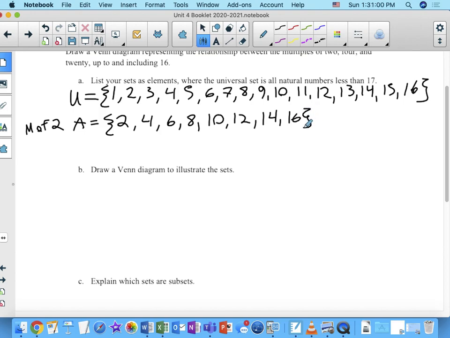Okay, multiples of 4, we'll call that set B. That would be 4, 8, 12, and 16. Within the universal set, we have to stop there because the universal set only goes up to 16. And then multiples of 20. Now, within this universal set, there are no multiples of 20. So this is empty.